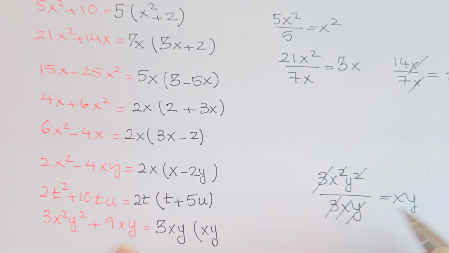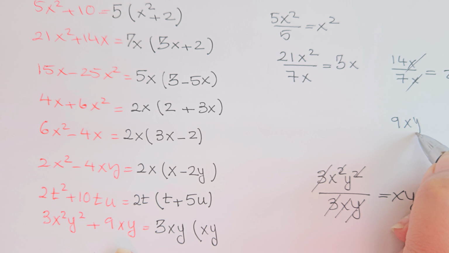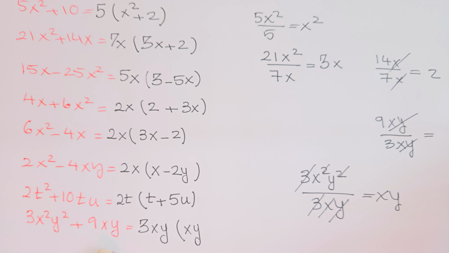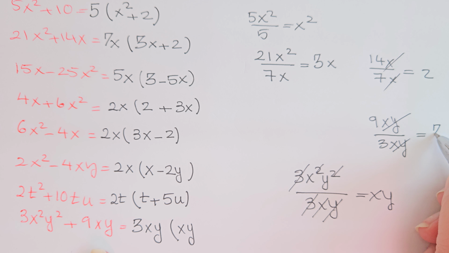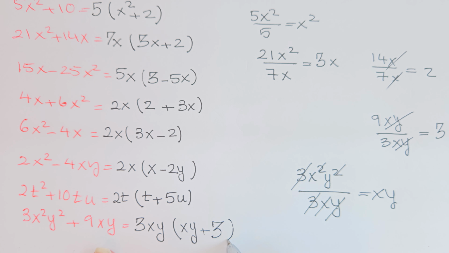Okay, and from the second term, let me write it here, 9xy divided by 3xy, this will cancel out with this. 9 divided by 3 would be 3. So the second term would be 3. You can just give it a try, multiply these two by one another, and you should see that the answer is exactly as this side.